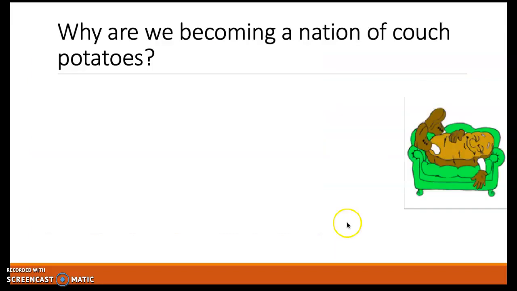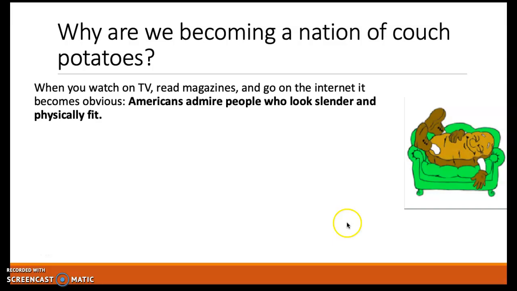So let's apply these steps in the Guide to Economic Reasoning to some facts about Americans. So, why are we a nation of couch potatoes? When you watch TV, when you go on the internet, it's easy to see that Americans admire people who look slender and physically fit.